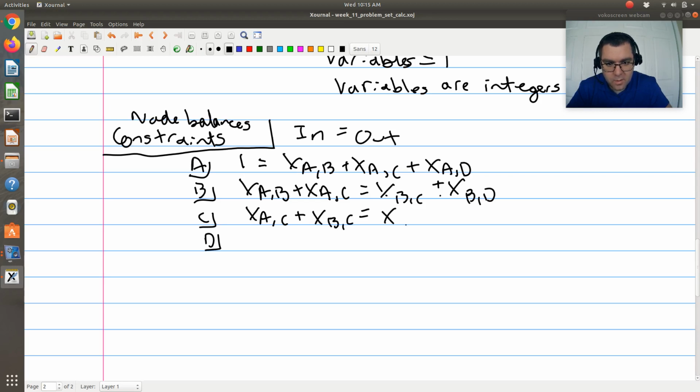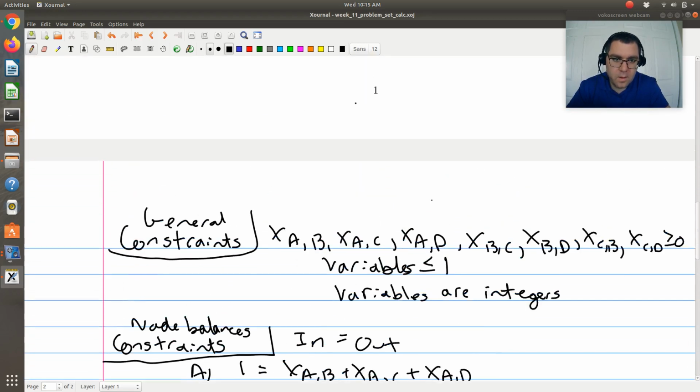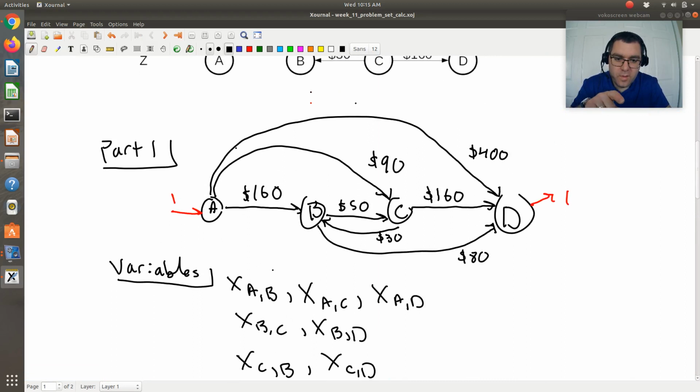And flights out, we know we have 1 to B and then 1 to D. So from C, we have our flights to B and D. Now looking at D, we have 3 arriving flights from A, B, and C, and coming out is that 1 unit.